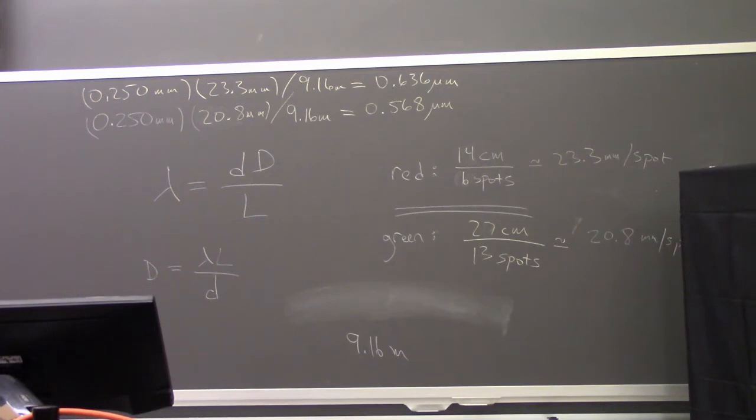I think for a helium neon laser, in real life, the established answer is 630 nanometers, so I probably did a little better than we deserved to there with our imprecision counting spots.